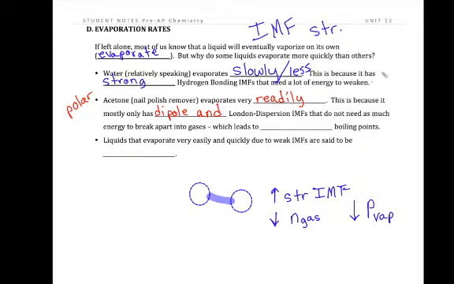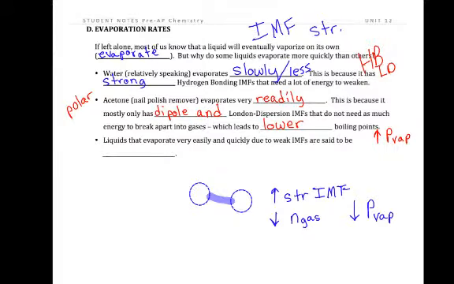Water has hydrogen bonding and London dispersion, but it's the hydrogen bonding that dominates. Now, these dipole attraction forces and the London dispersion forces don't need as much energy to break apart into gases. So that's going to lead to lower boiling points, and it's going to be a higher vapor pressure.